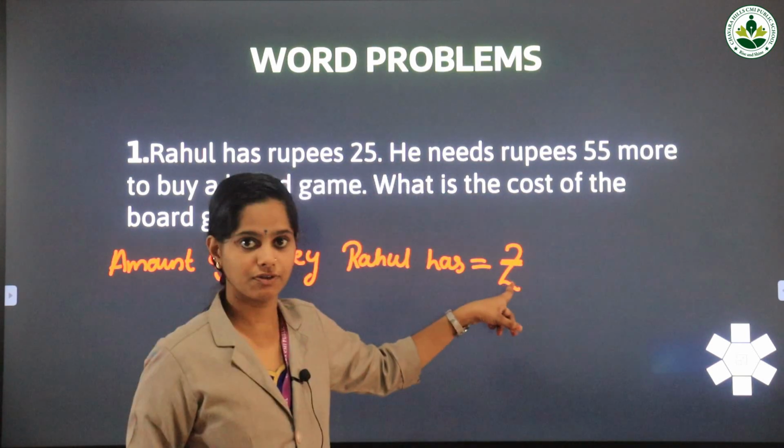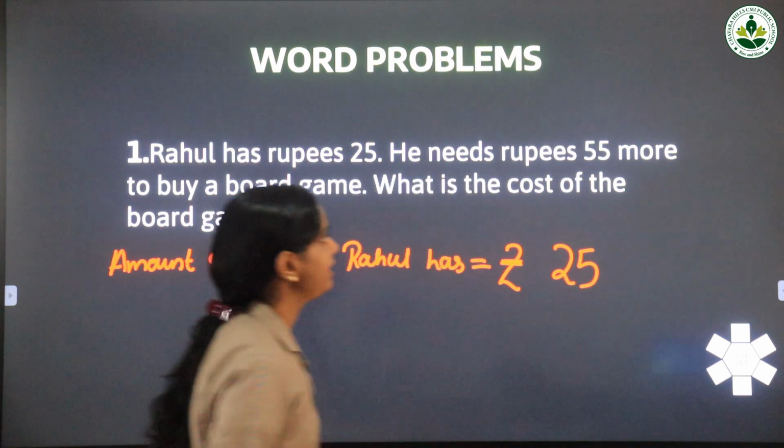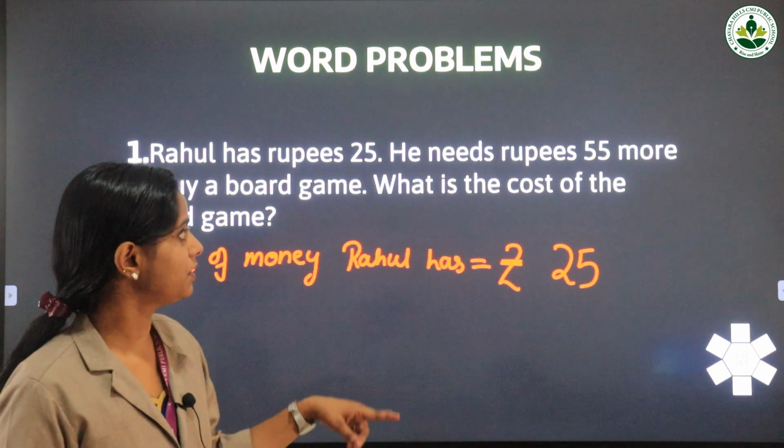This symbol is used for rupees. And he needs how many rupees more?